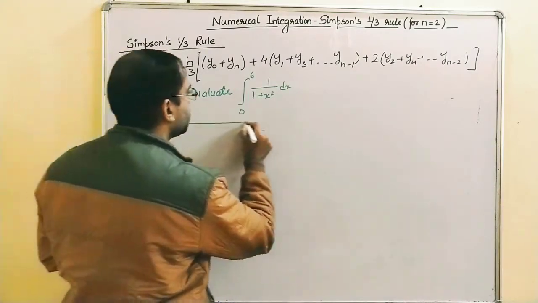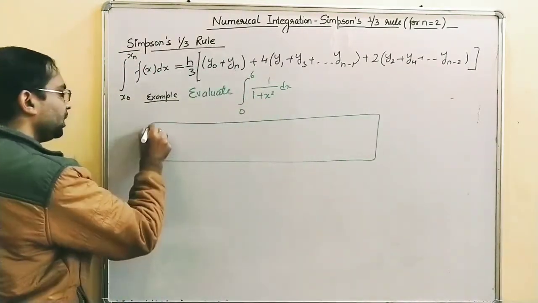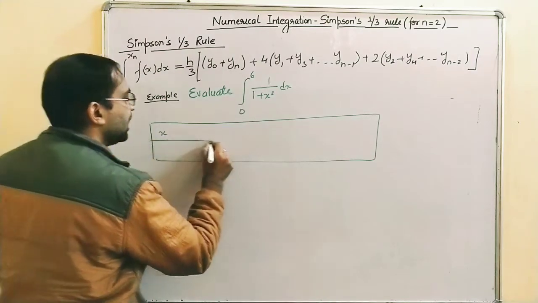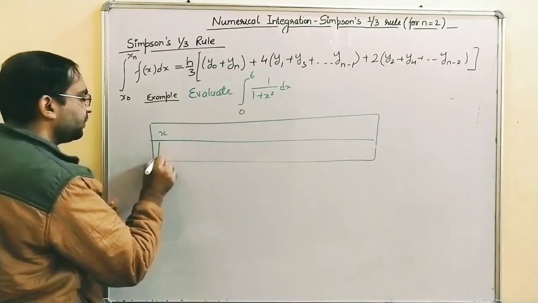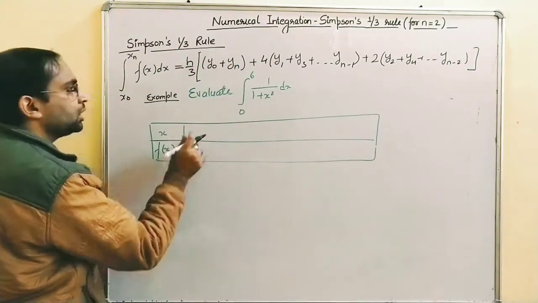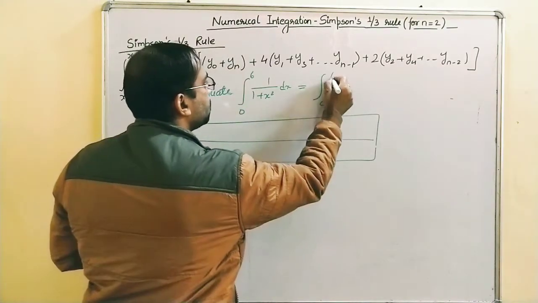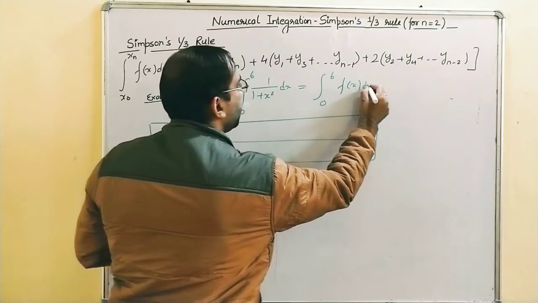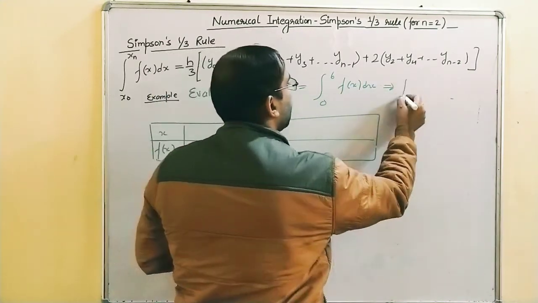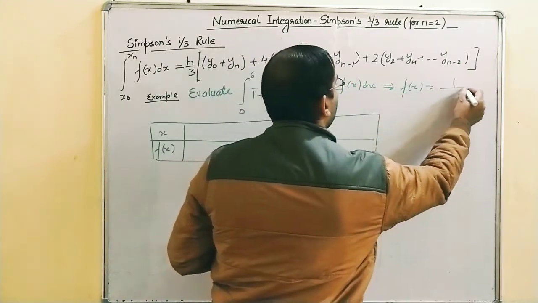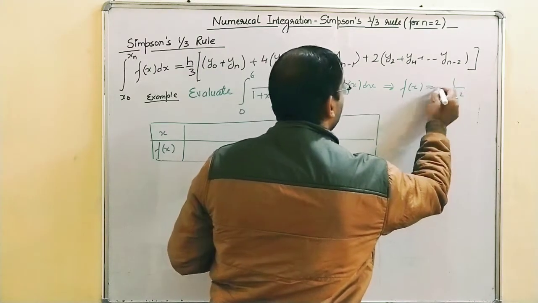So now the data set table will have x and the values of f of x. What is f of x in this question? If we compare this question with the integral from 0 to 6 of f of x dx, we can see that f of x here is 1 upon 1 plus x squared.